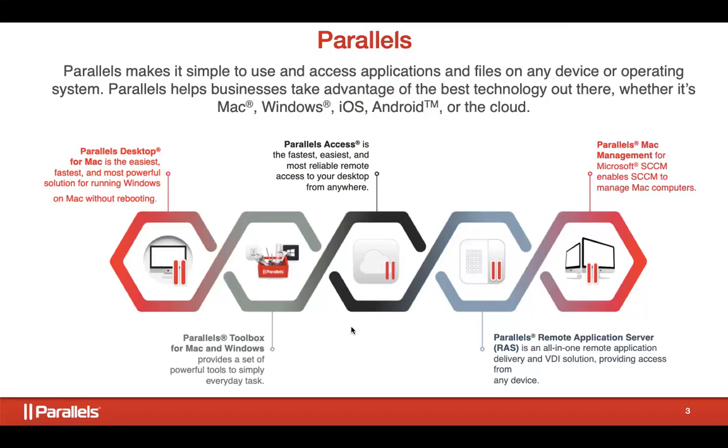But the solution that we will be discussing today is Parallels Remote Application Server, shortly known as Parallels RAS, which is the flagship product that combines all the features and functionalities of all the other products. It also comes at a very attractive value, close to the value of the other products, and it adds a lot more features.